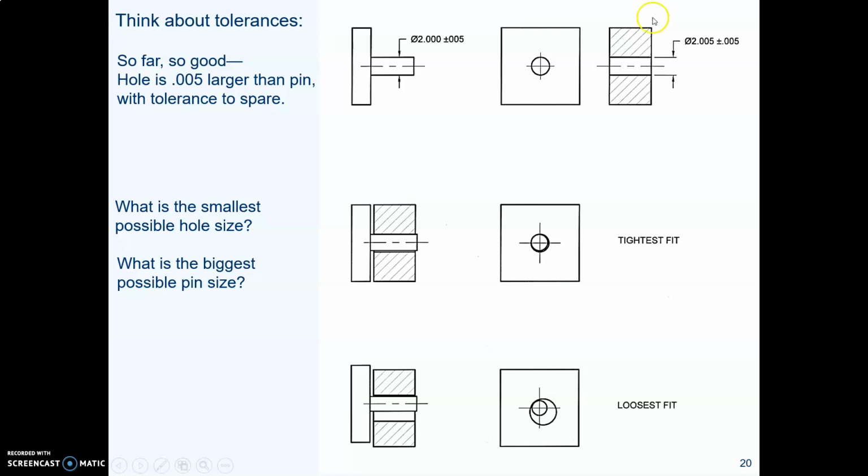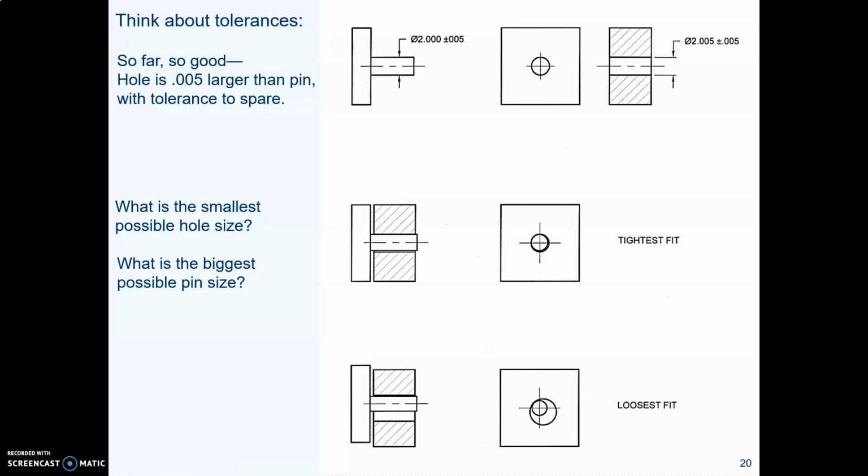And I'm feeling pretty good because I made the pin 2 inches in diameter, and I made the hole bigger. I made it 2 inches and 5 thousandths. So that seems pretty good. The pin will go into the hole because the hole's bigger. And then, because I'm cool, I put tolerances on both those dimensions. So got a pretty good situation going on here, I think.